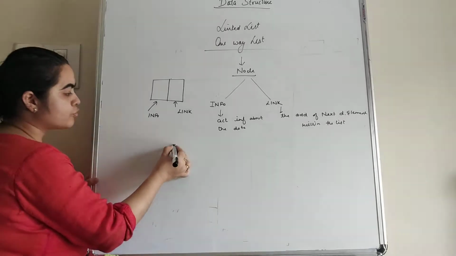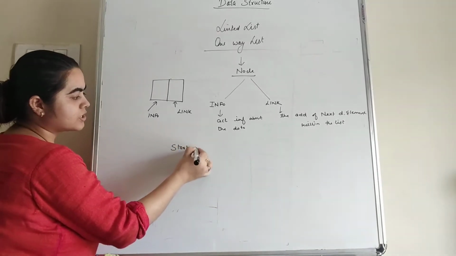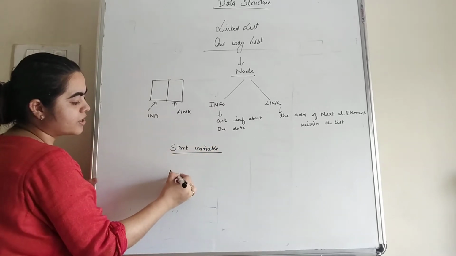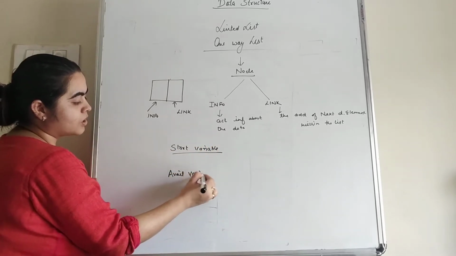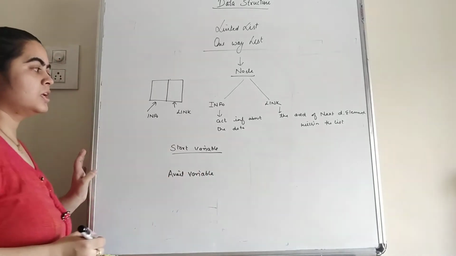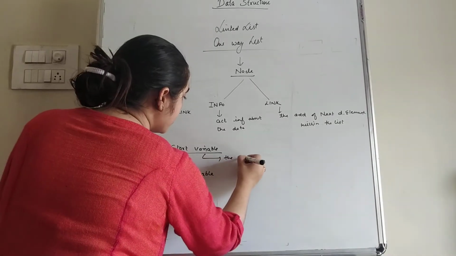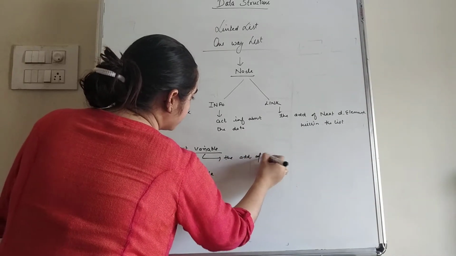Before that, we have two more variables that are used in the linked list. First one is known as the start variable and second one is known as the avail variable. Now students, start variable means this variable can contain the address of first element of the linked list.